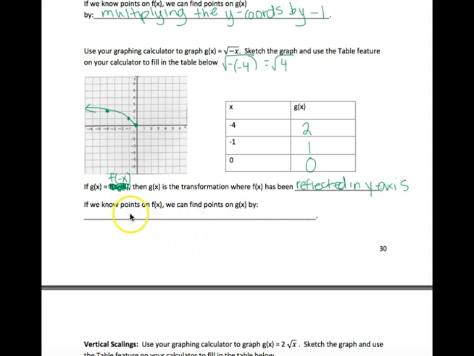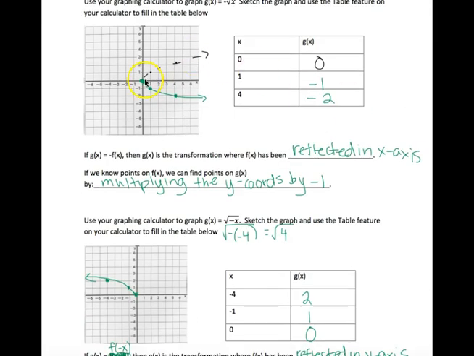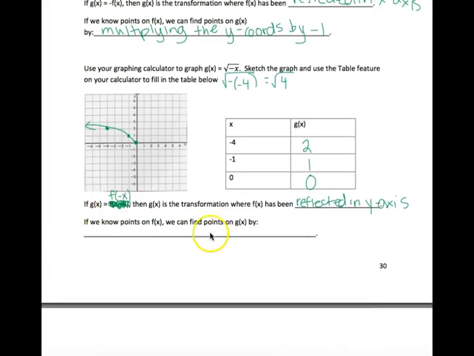If we know points on f of x, we can find points on g of x. So if we were to look at points on f of x, (0, 0), (1, 1), (4, 2), we can see that it's the x coordinates that have changed and they've become negative, which means we can find g of x points by, and you can either say multiplying or dividing the x coordinates by -1.